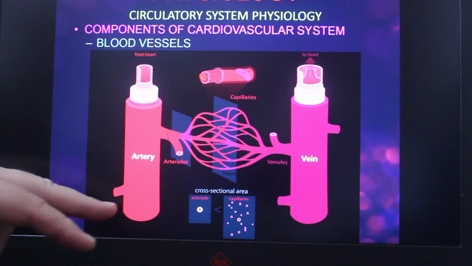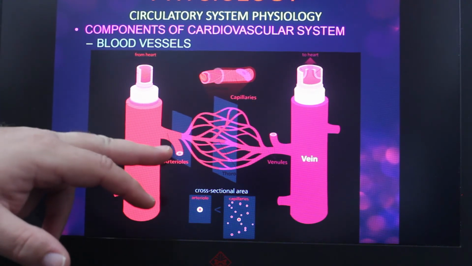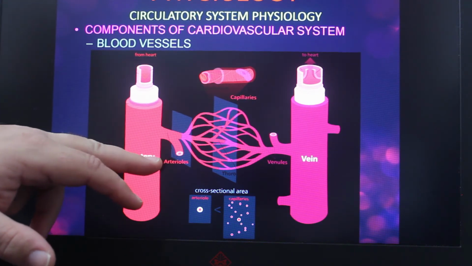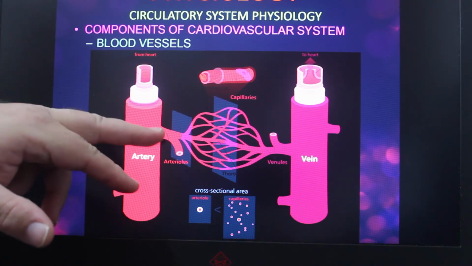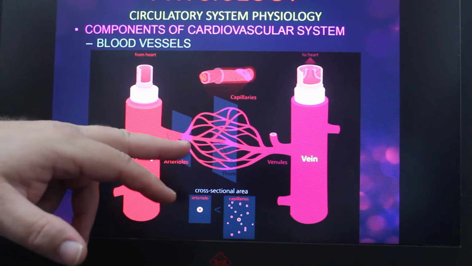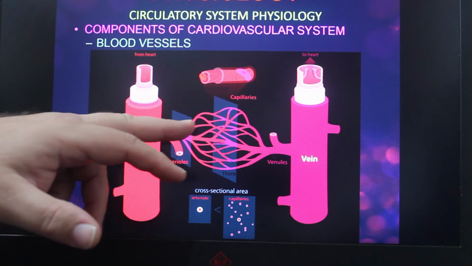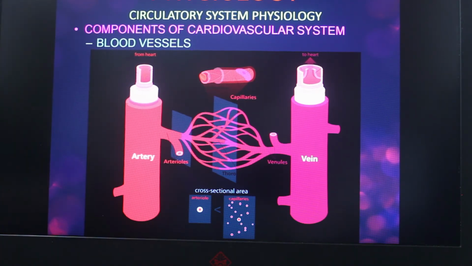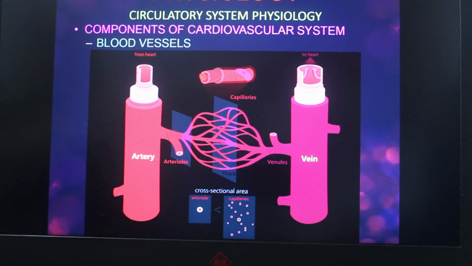The arteries divide into smaller arteries and take the name arteriole, and the plural is arterioles. And the arterioles further develop and form a kind of network of very, very thin blood vessels, which are called the capillaries.